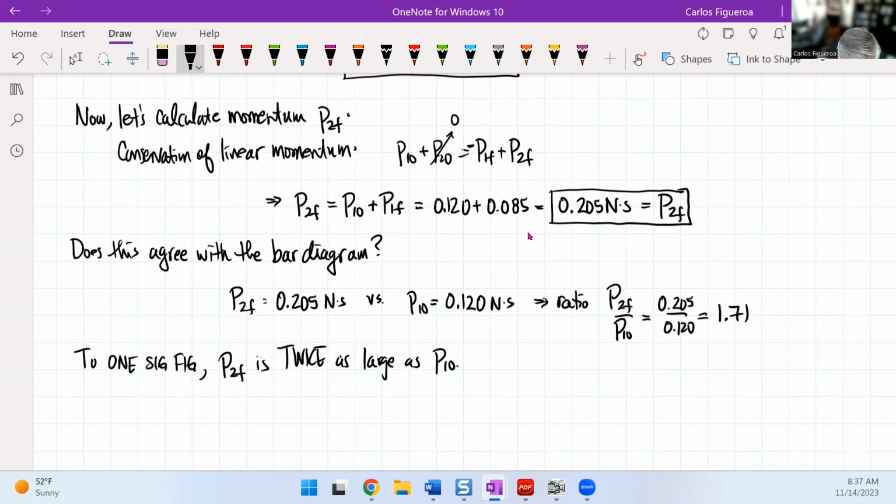So we are seeing that the lion's share of the momentum goes with the bowling ball. So our picture is pretty accurate, actually.